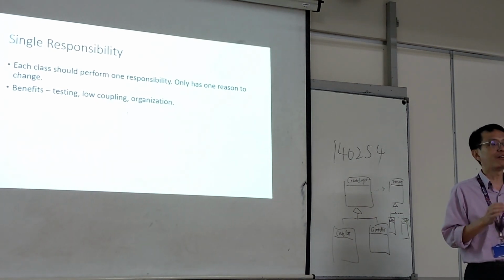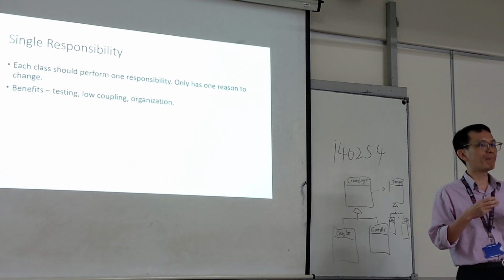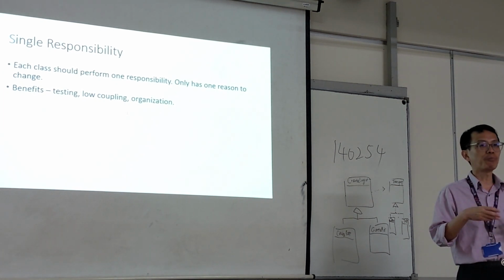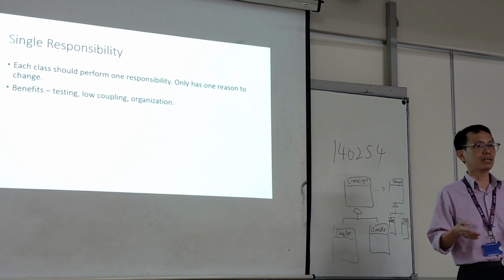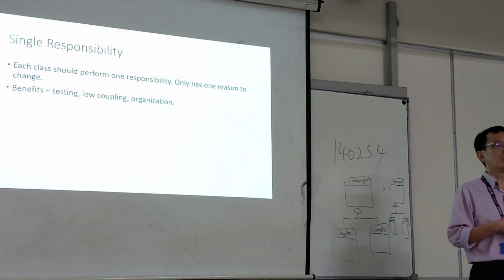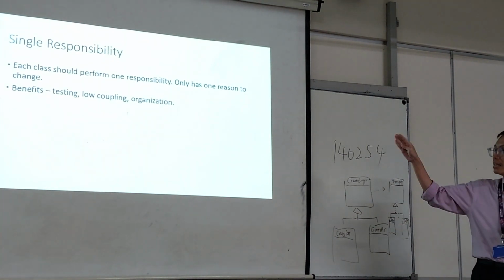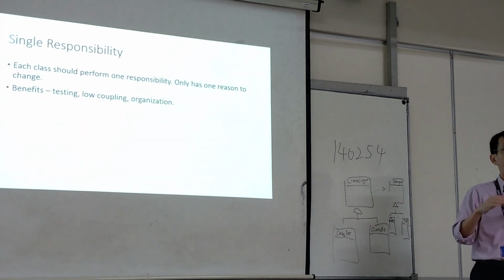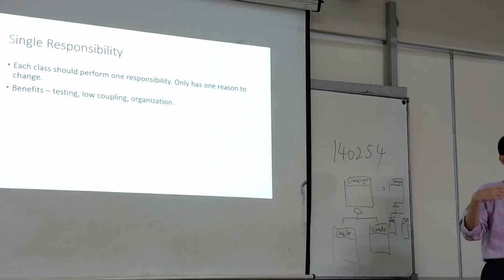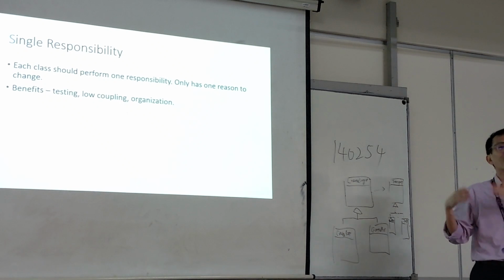Understand? Okay? If you say, I want to create a method that prints out to the console the book's details, inside the book class, you may instead have another class called the book printer, something like that.